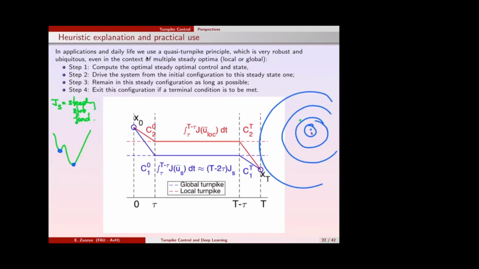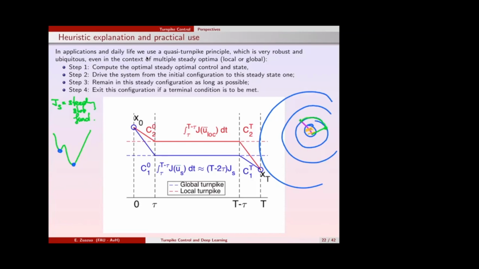So maybe the taxi driver will do this, right? But if this is during the daytime and the downtown area is so busy, probably the driver will do something like this. Will try to exit the downtown area as soon as possible, get to the second ring, and then drive you in this way to destination.